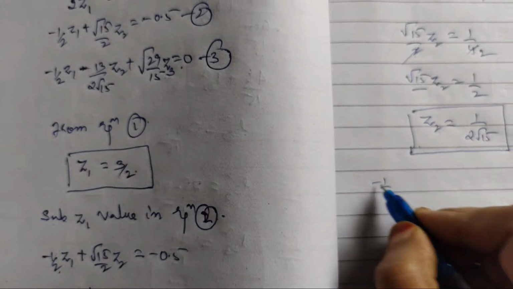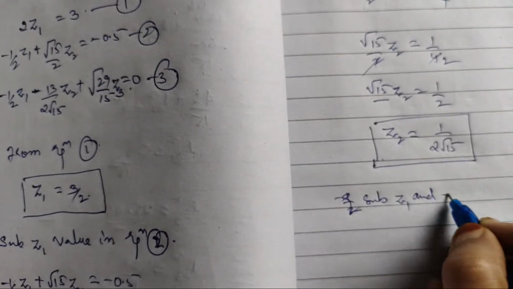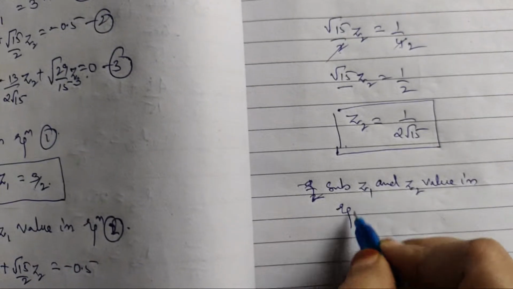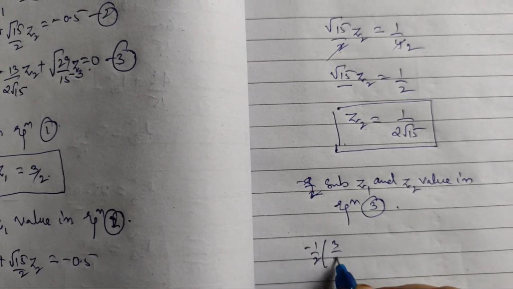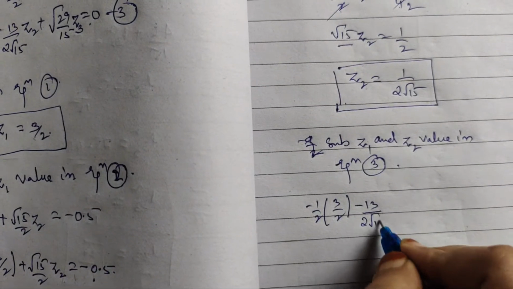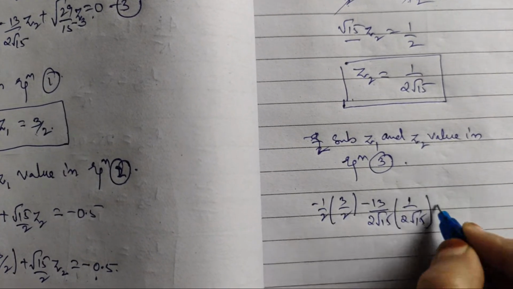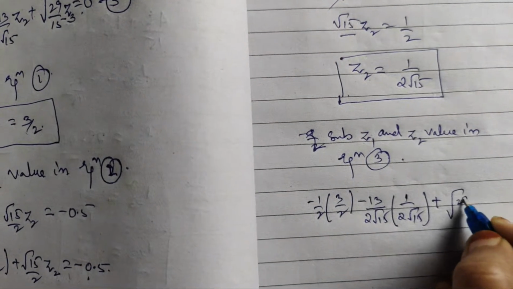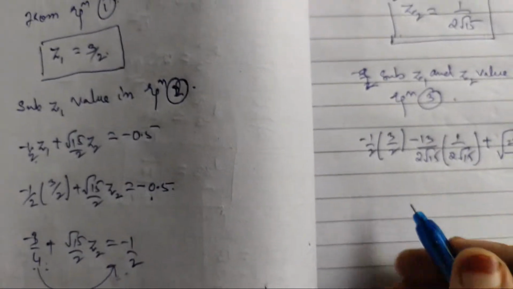So substitute z1 and z2 values in equation number 3: minus half 3 by 2, then minus 13 by 2 root 15, 1 by 2 root 15, then plus root 29 by 15 z3 equals 0.